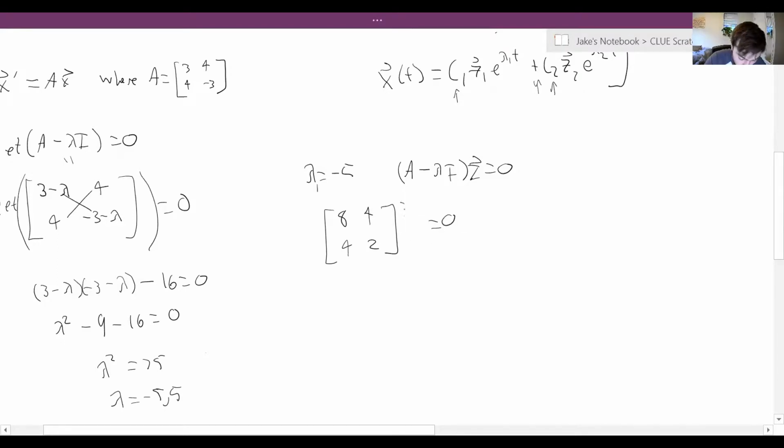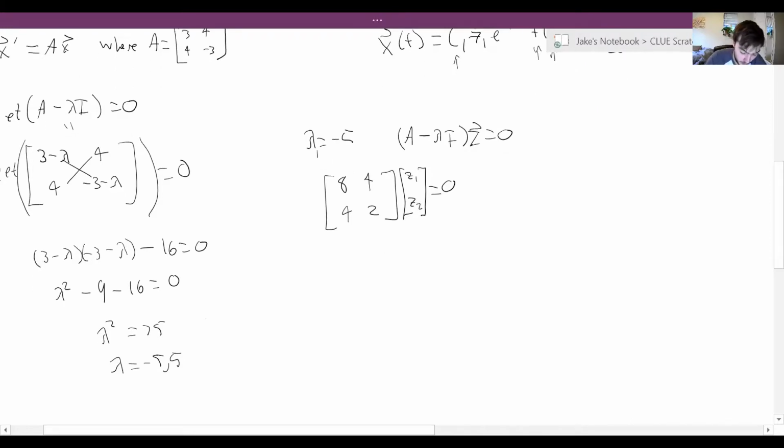The way I like to do it is write z out as z1 and z2, so we don't confuse it with the previous ones. So when you write this out, you get 8z1 plus 4z2 equals 0, and 4z1 plus 2z2 equals 0.